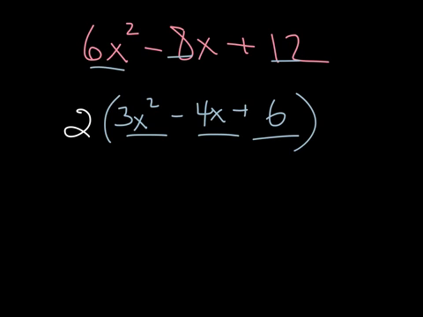So our factored form is 2 times (3x squared minus 4x plus 6). And with all the rest of the factoring that we're going to be doing, we'll do it in many different forms. It's always important that you make sure that you take the greatest common factor out first. Get that part factored out. It will make the numbers smaller and easier to deal with.